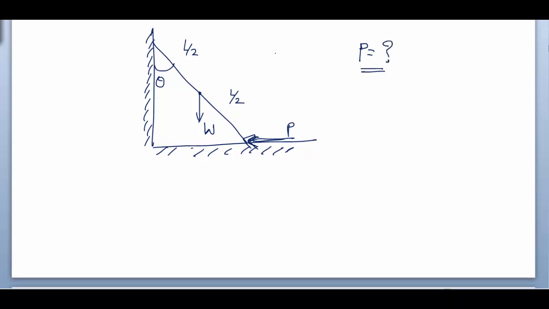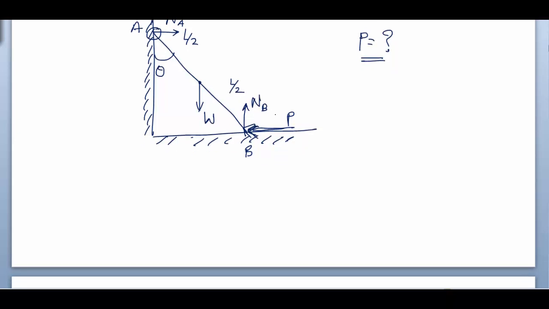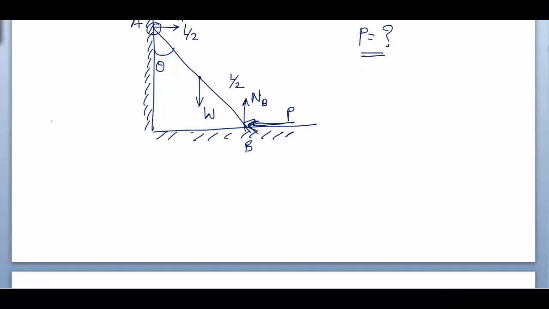First, there is a contact between the ladder and the wall, so there is a normal reaction N A. Let us take A, B, N A. Also there is a N B. Now it is in equilibrium, therefore summation of F x equal to 0.